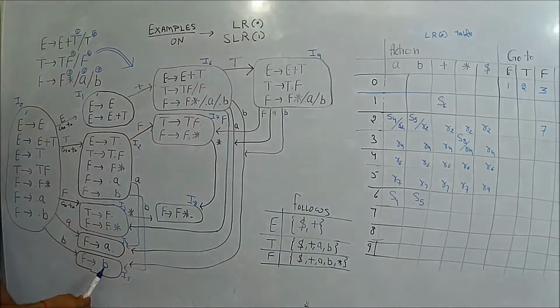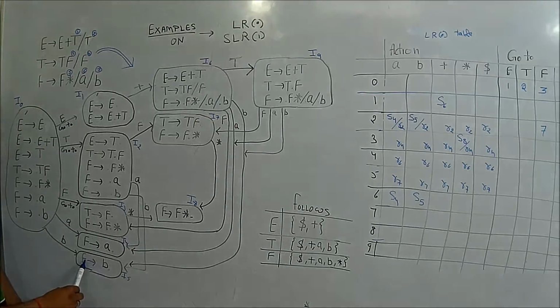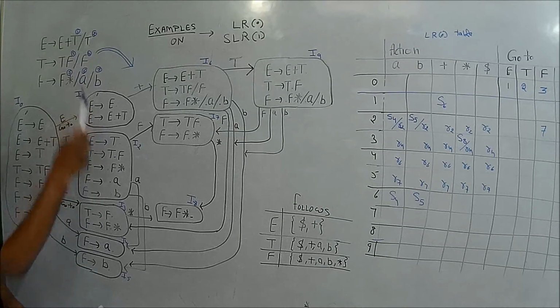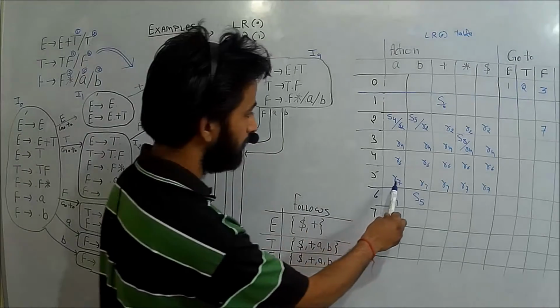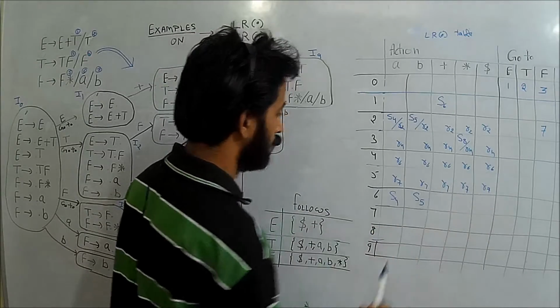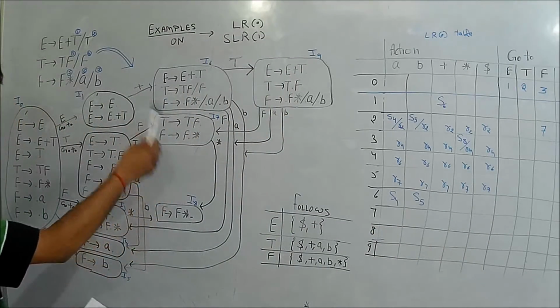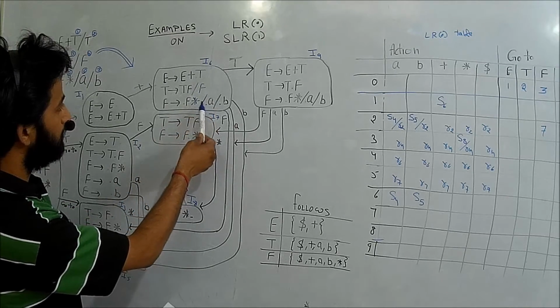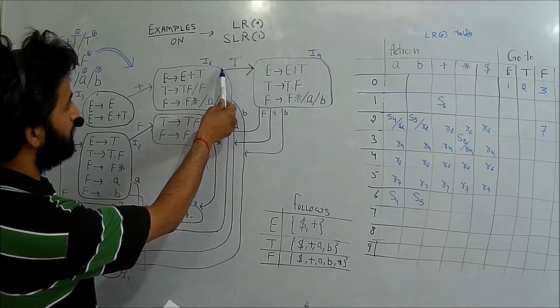Same for the 7th, or for this 5th state. Here we can reduce b to F, and the number to that is 7th. Okay, so I will apply the reduce move in the whole row. For the 6th, next after that we have this one. So there is a possibility of shift move.